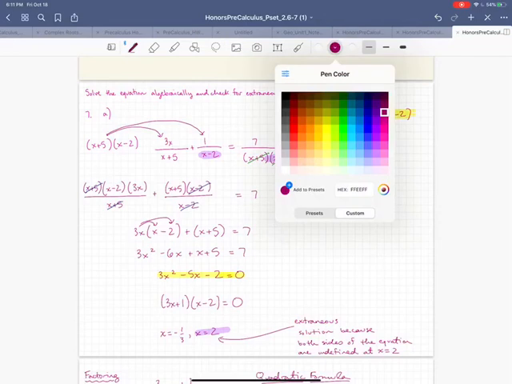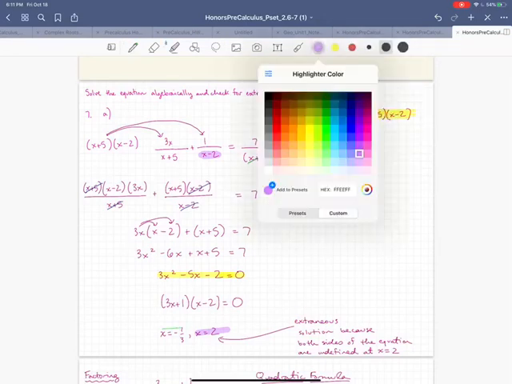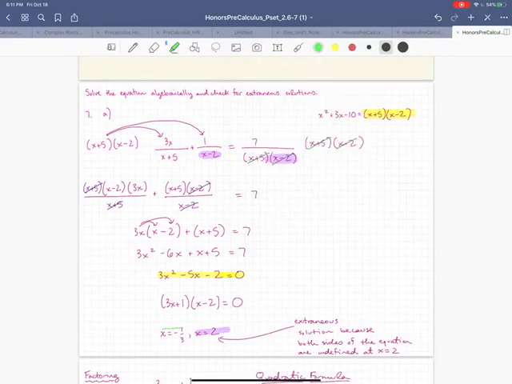And then what we can do is look at negative 1/3, and if we plug negative 1/3 into both sides of this equation, we're going to see that we get a true statement.